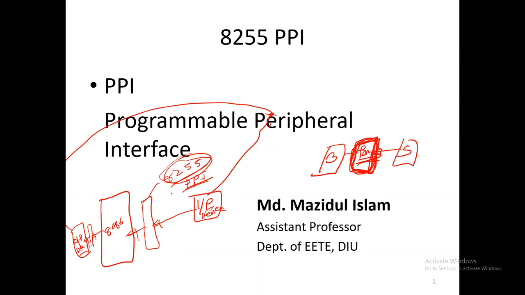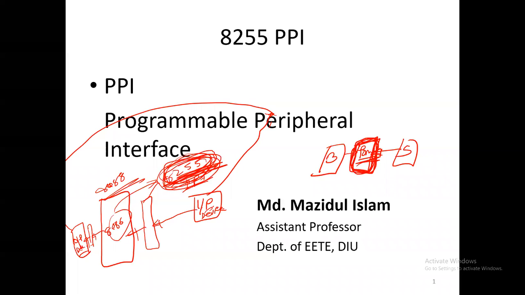Peripheral device communication IC number 8255 is used with the 8086 and 8088 microprocessors. Okay, Yahya, are you clear on this? Yes, sir. Okay, thank you.